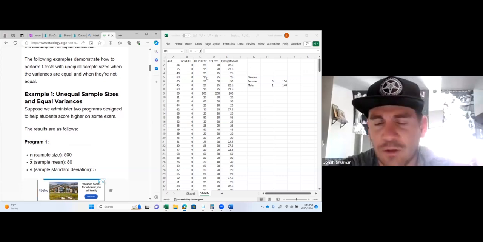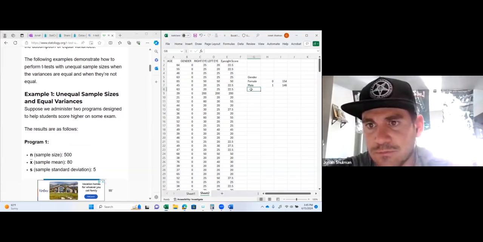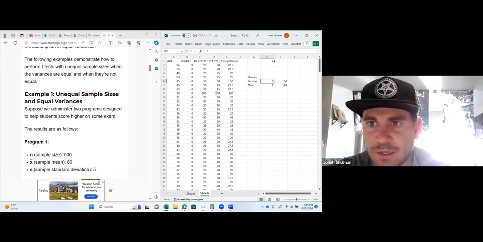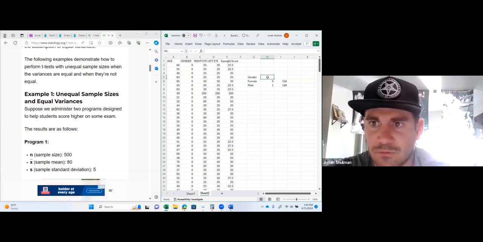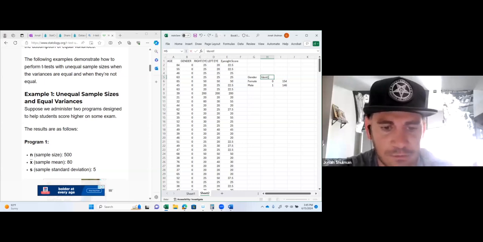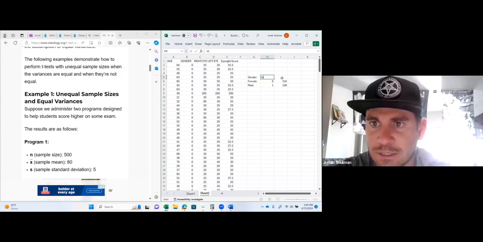So we have to check the variances of the girls and the variances of the boys. Right away, in order to run this, we have to see if they have equal variances. We know that this is our identifier, or you can call it a label if you want.